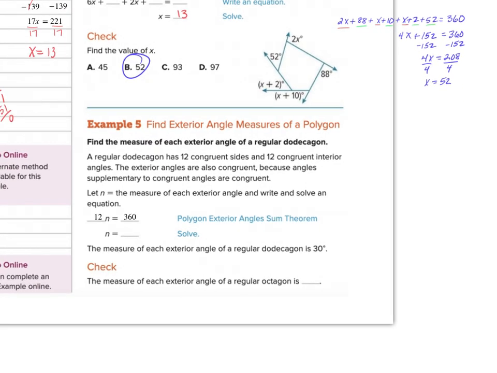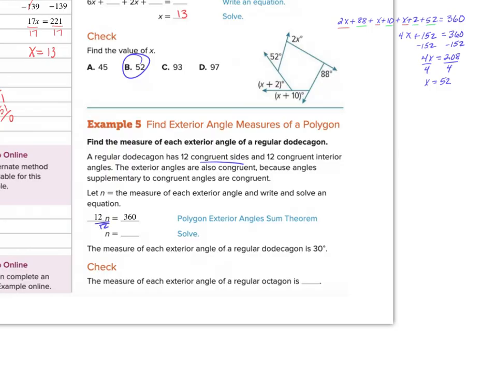Okay. So let's see, what else do we need to do? Finding exterior angle measurements of a polygon. Well, we know all of the exterior angles add up to 360. So find the measure of each exterior angle of a regular polygon. A regular polygon means that they have congruent sides. So if I have 12 sides, that means I have 12 angles, right? So 12 times the number of sides equals 360.